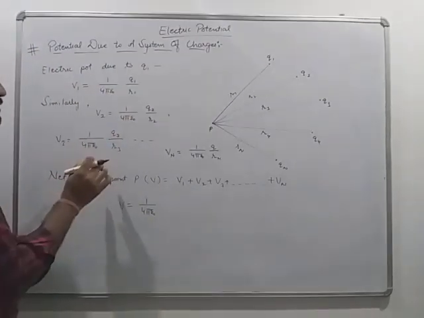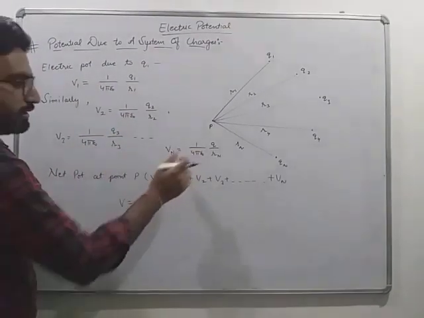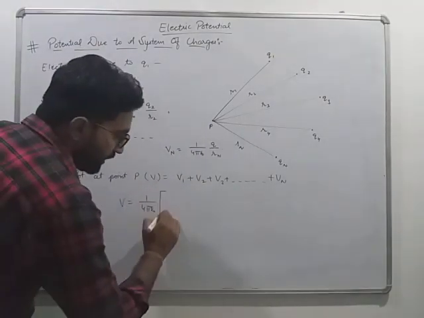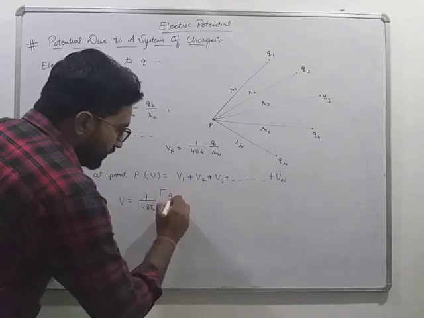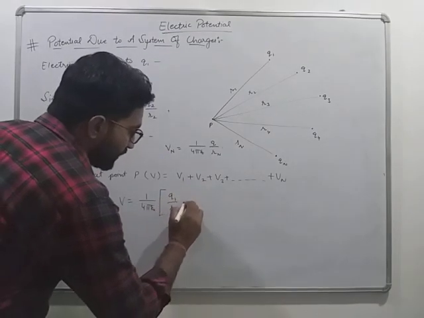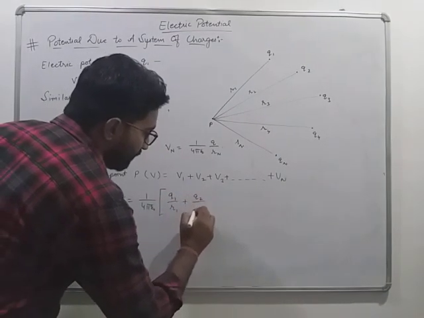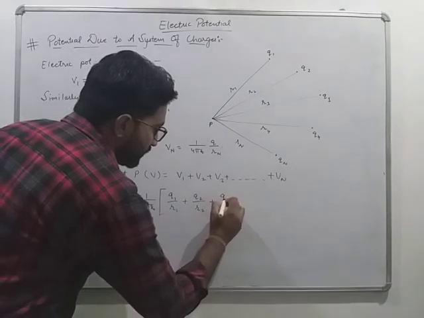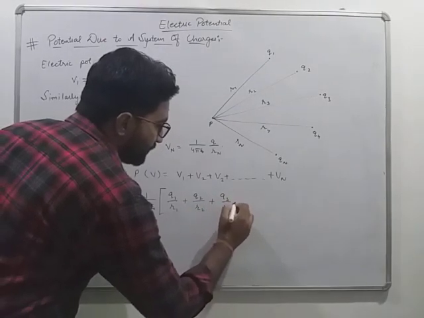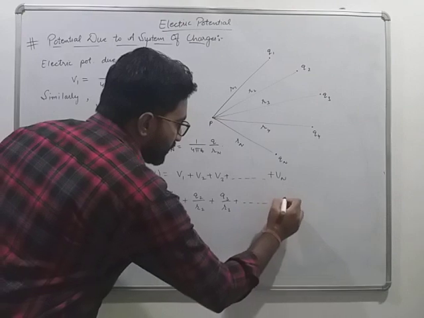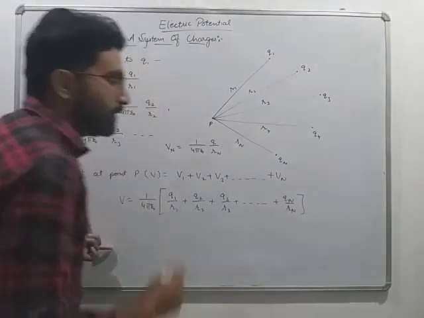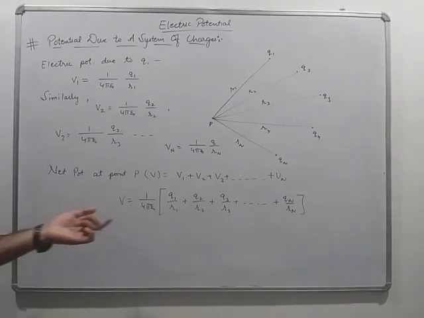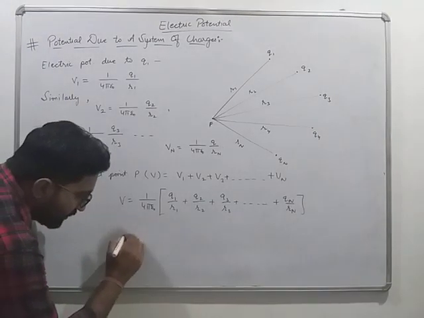We can take 1 by 4 pi epsilon naught common, and we have Q1 by R1 plus Q2 divided by R2 plus Q3 divided by R3 up to Qn divided by Rn. So we can generalize this result by applying summation.